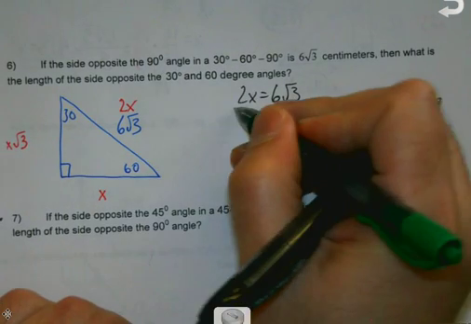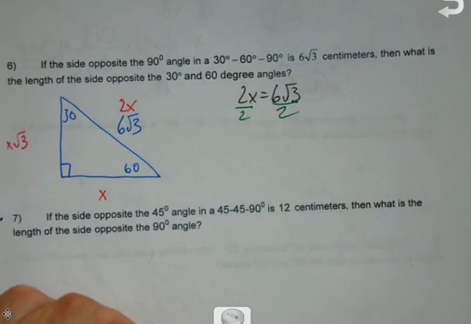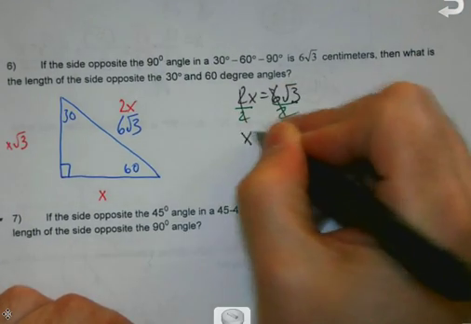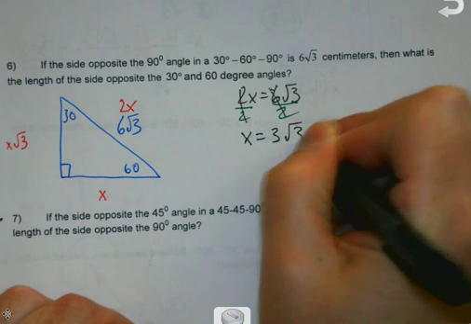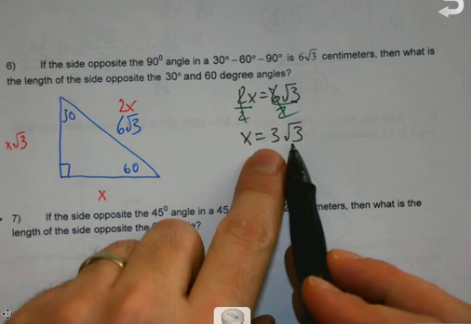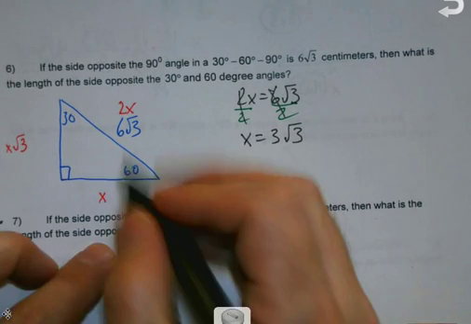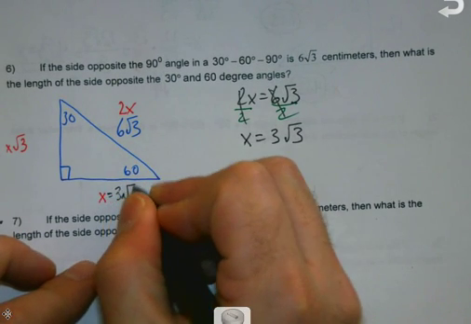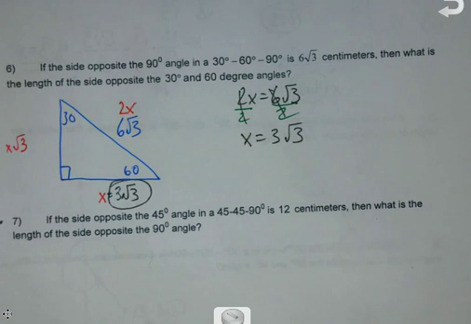To get x alone, I have to divide by 2. Now, this one's not going to get ugly. So wherever I see an x in red, I'm going to substitute this value in. So here, x is 3 square root of 3. That's that side, I'm done.